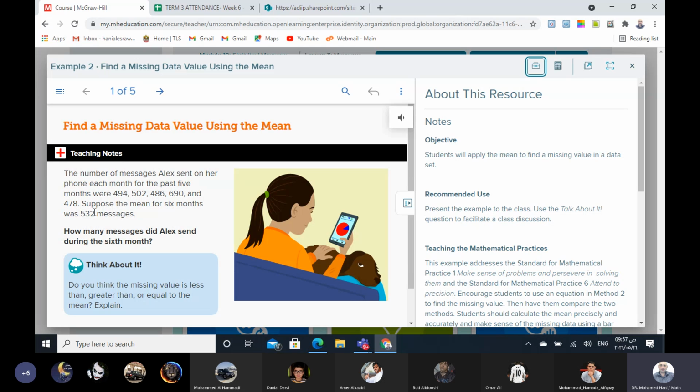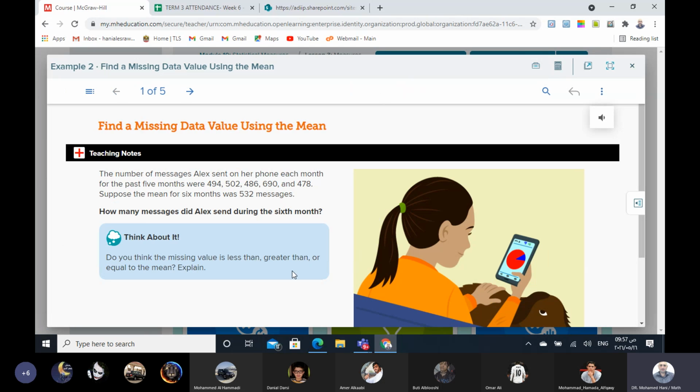So as you see here, we have the mean, and how many values here? We have 1, 2, 3, 4, 5, and the question said 6, so it means we have one missing value. So how many messages did Alex send during the 6 months? So what do I do to find the missing value here?